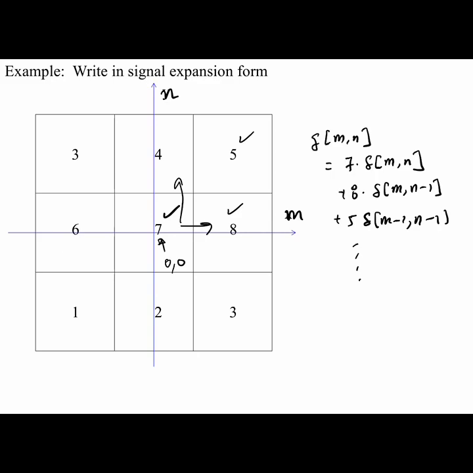Let me see if I can correct that. So that's m minus 1, n, right? And then what is the other one? M minus, well, this one's all right because both of them, yeah, okay.